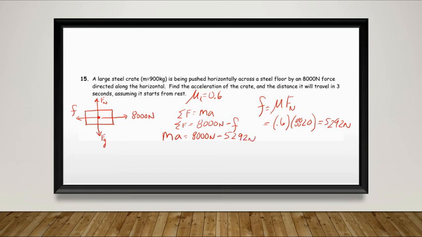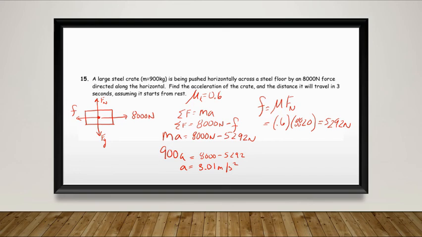So I get 900 times acceleration is equal to 8,000 minus 5,292. So I end up getting that my acceleration is equal to 3.01 meters per second squared.